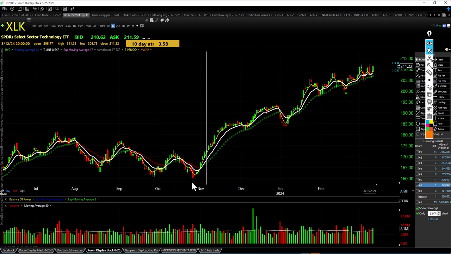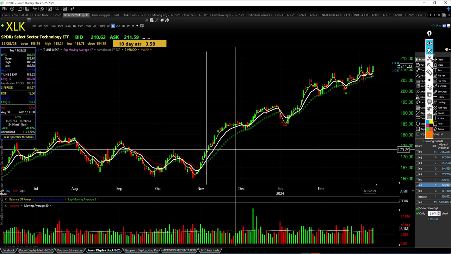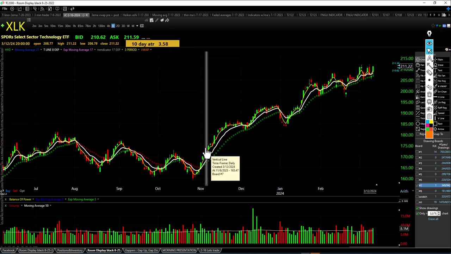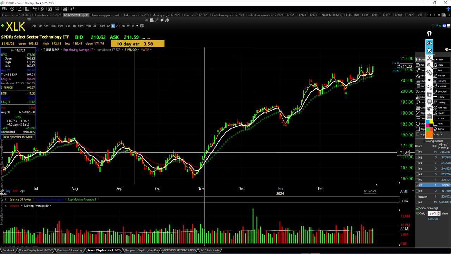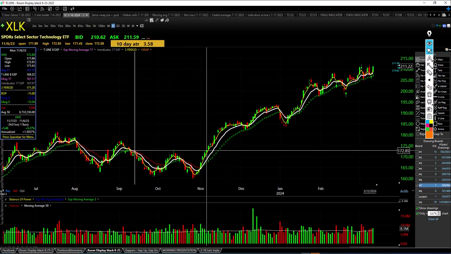Okay, now let's see who took out the prior high first. Okay, so if we look at this, here's the prior high, 173.29, and we look for the candle that took out that prior high. So which one took out the prior high first?